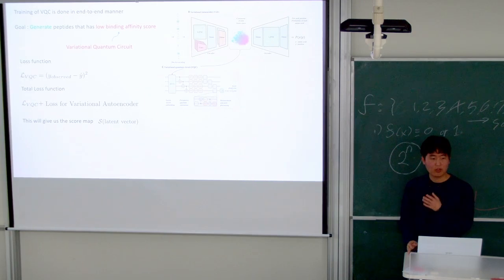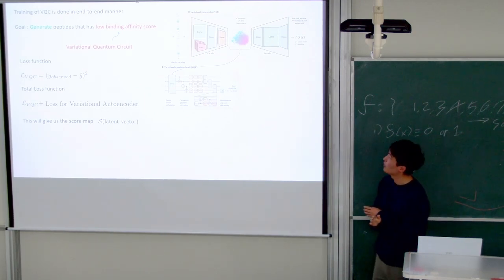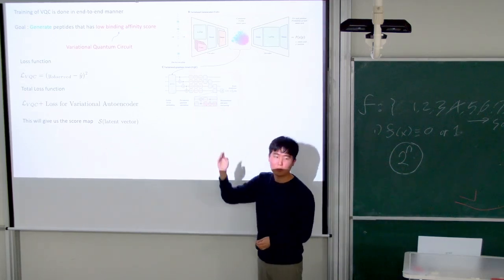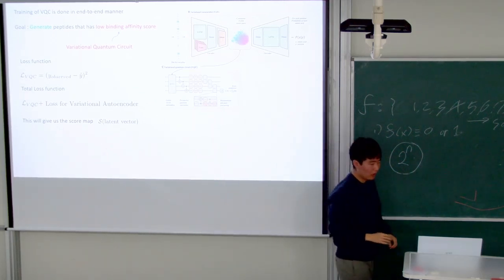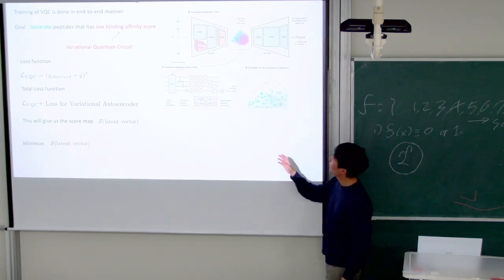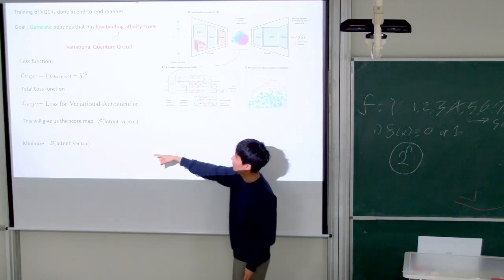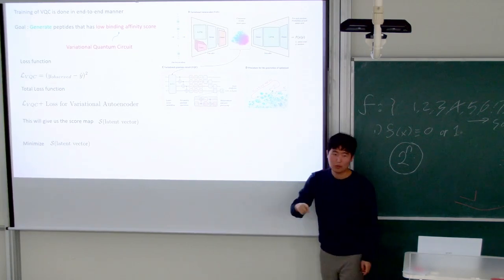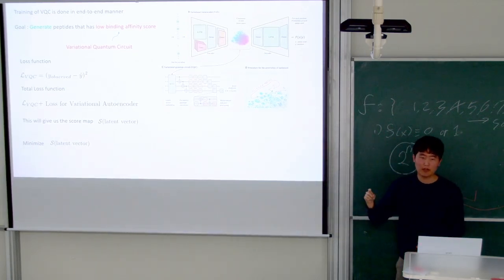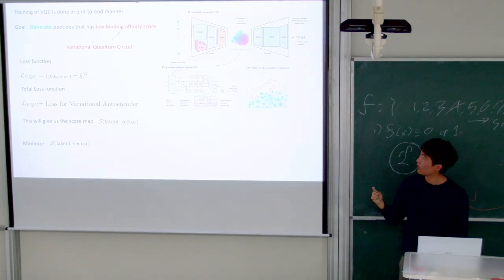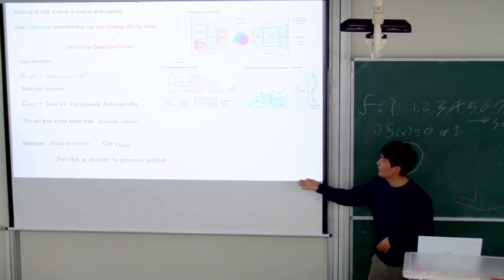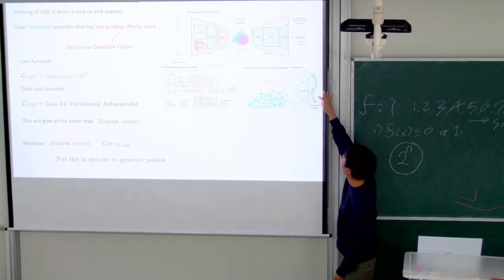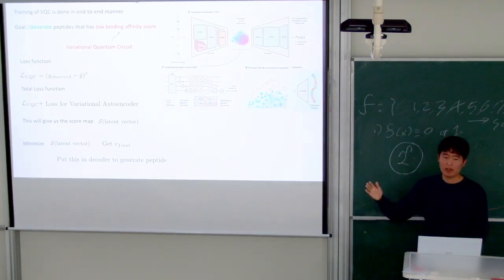Okay. But this is not the end. As I mentioned, we need the score to be low. So after that, we minimize the score function by gradient descent to obtain some appropriate latent vector. Using this, we can finally generate a peptide which has a low affinity score.